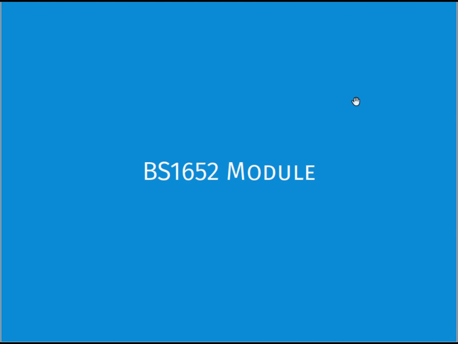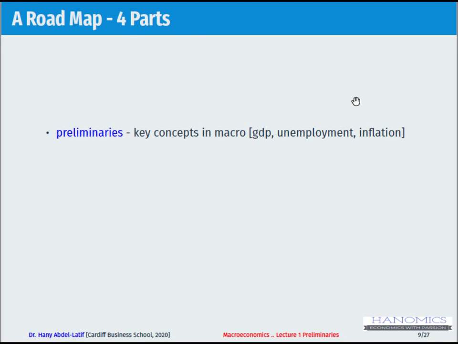So let's talk in a little more detail about the module itself, what we're actually going to cover here. The module includes 4 parts. The first part, which we started with today, is introducing you to macroeconomics, including different macro indicators, which I already mentioned. The GDP, gross domestic product.